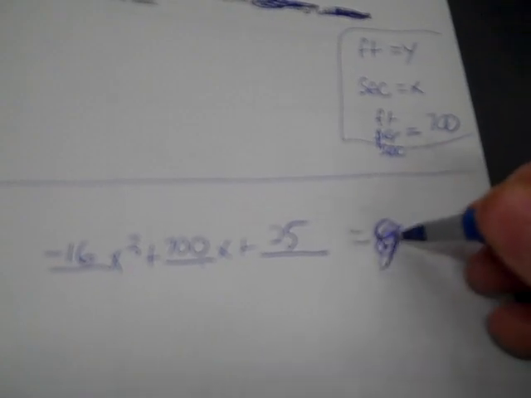So for x to the second, we have the gravity term, the negative 16. Now this is my feet per second. That would be 700 equals y, I guess. And then 25 goes in here, and we end at 0 feet. So 0 takes the place of the y, because that feet is represented by y.